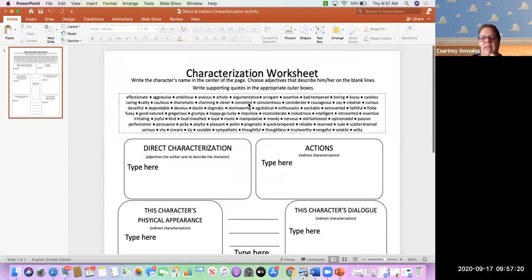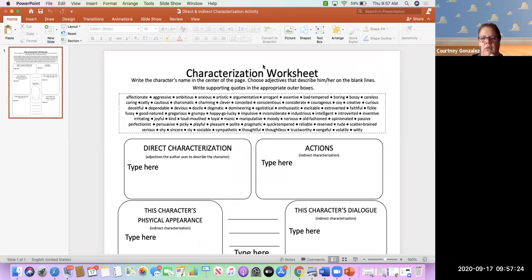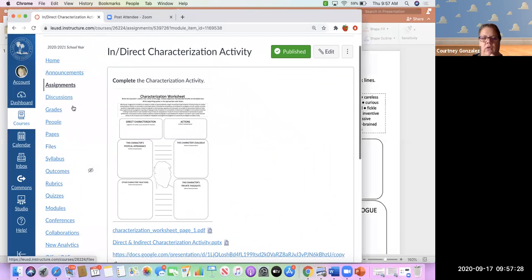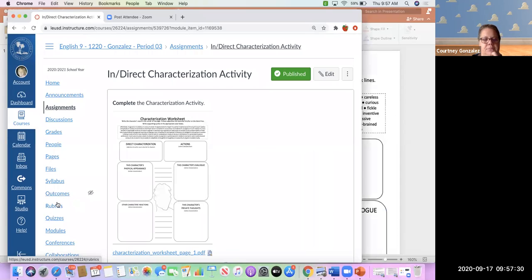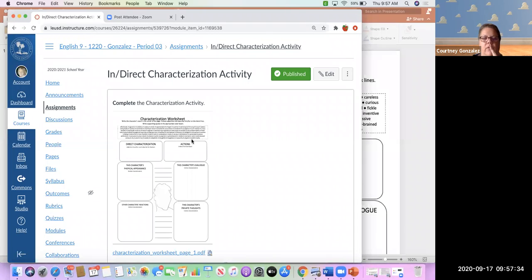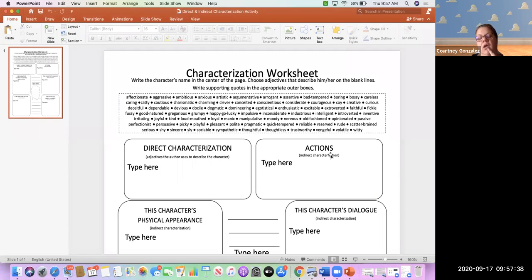And this time we're talking about actual indirect and direct characterization. So just as a reminder, direct characterization is when the author is literally stating something about them, and indirect is if somebody else is talking about them or it's just not direct.